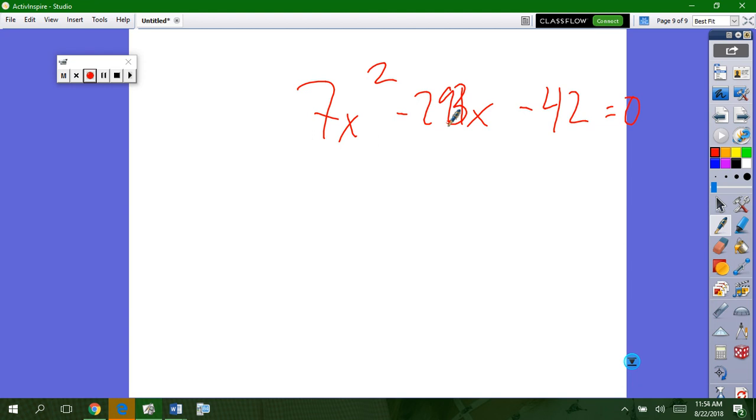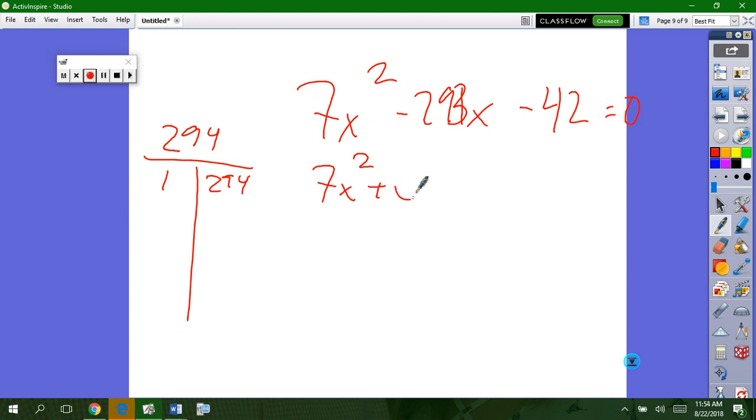I just made it a 3. Okay, so we have, what do we have? 294. So notice the factors that give me 294 are 1 and 294. Seven x squared plus x minus 294.